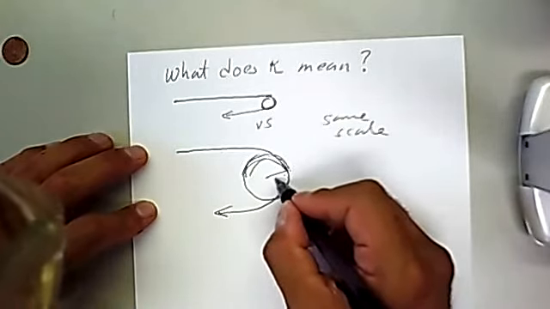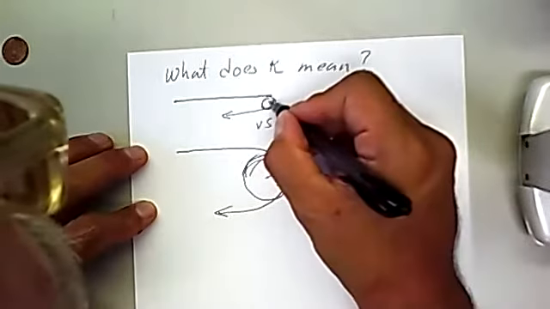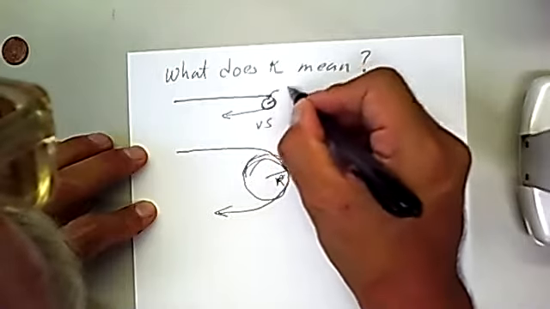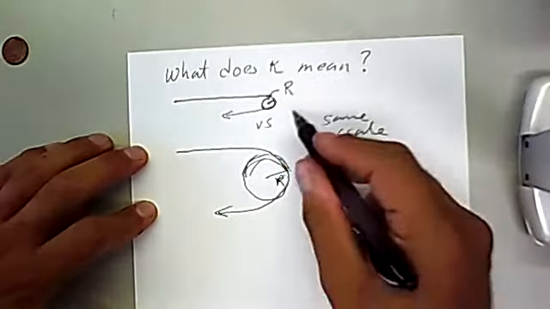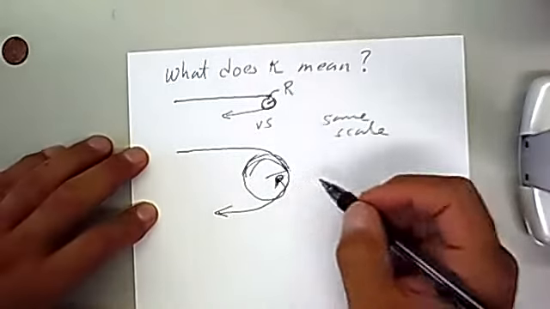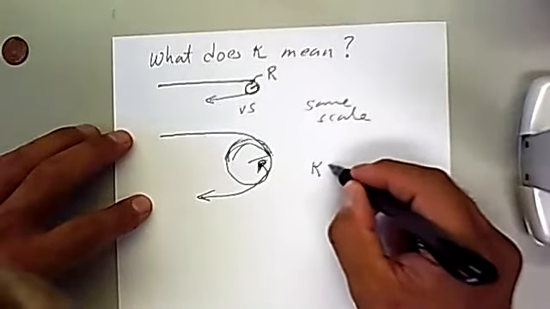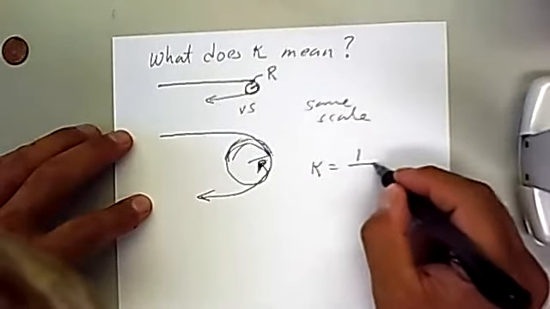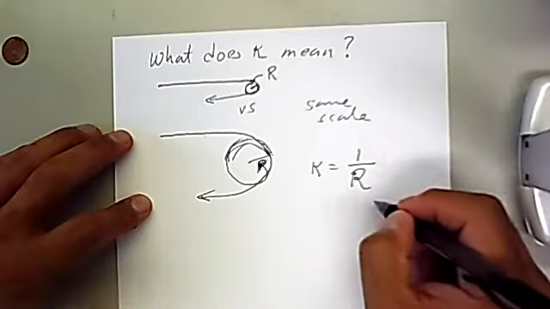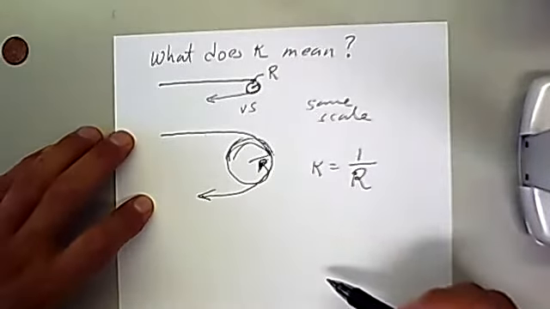I'm going to use capital R because we're using little r for something else. So those are two different radii, even though I'm using the same letter. That is just the idea. So it turns out that the curvature is equal to 1 over the radius of the circle that approximates the curve at that one point.